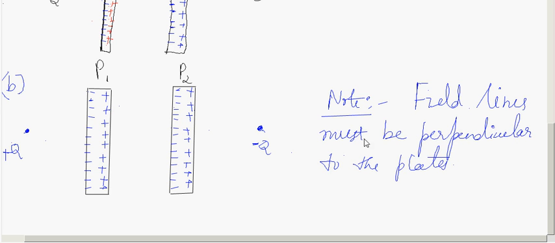A uniform electric field is set up between the plates. That is why you can mark equidistant lines which are parallel to each other.